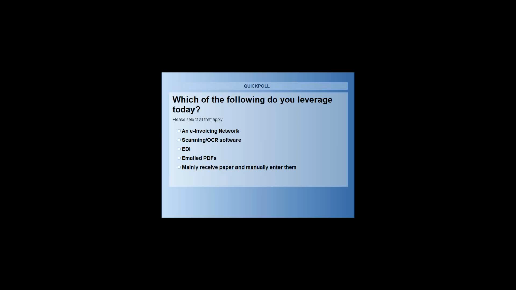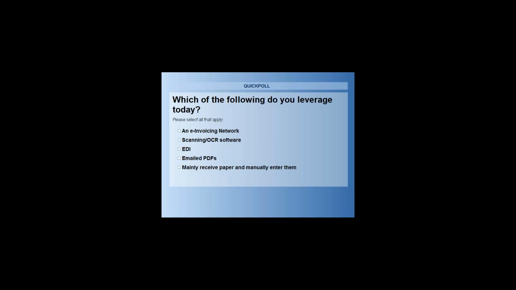Are you actively using an e-invoicing network like the Tungsten network? Are you using scanning or OCR technology within your accounts payable? Are you using EDI for some of your invoices? Are you receiving PDFs sent or emailed from your suppliers and then handling those?